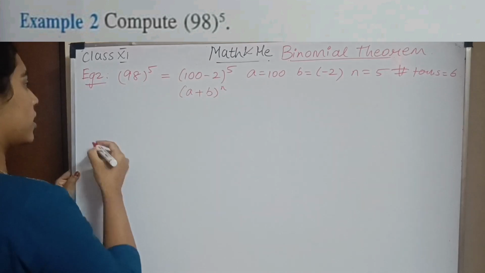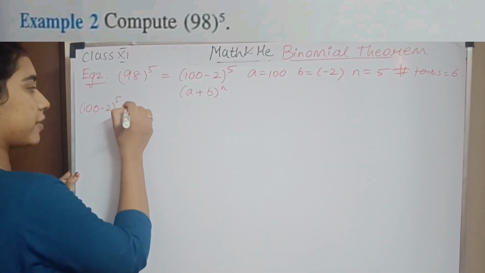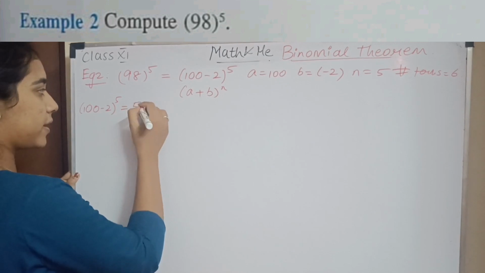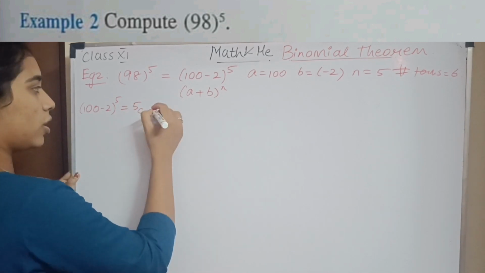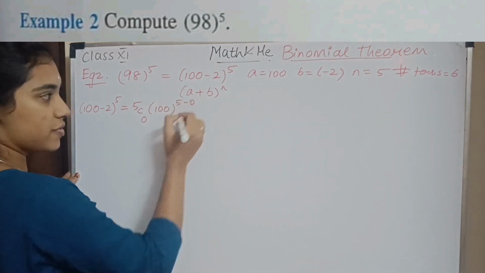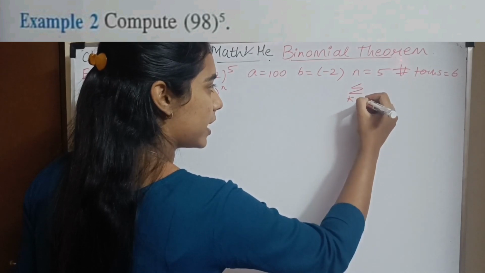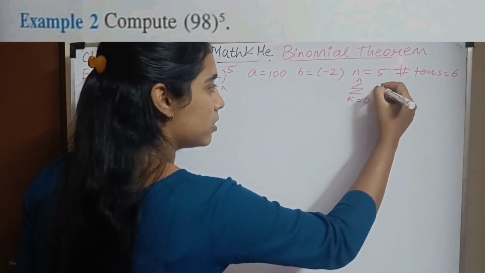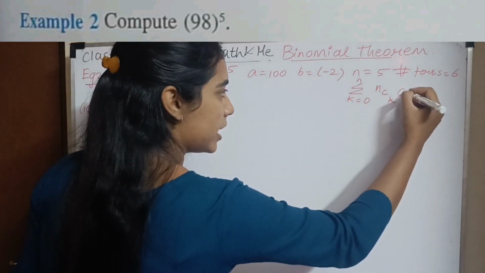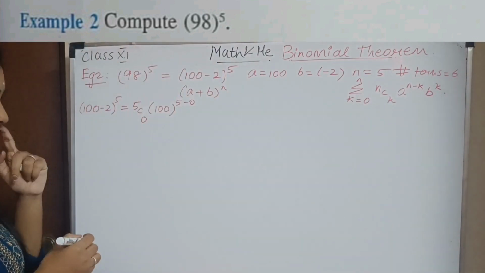Okay, so let's solve. So I have 100 minus 2 the whole power 5 equals 5c0 of a to the power n minus k, which is 5 minus 0. I'll write down the formula here. So I have summation of k equals 0 to n of n c k, a to the power n minus k, b to the power k.